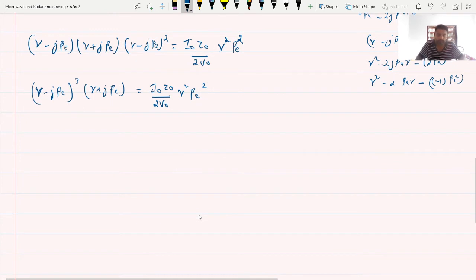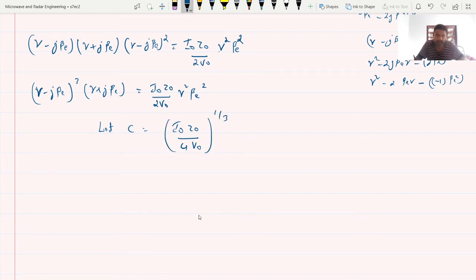So that I will call it as, let c equal to I naught z naught divided by 4 v naught whole raised to 1 by 3, okay, gamma square b. So this is nothing but the c, I can call it as gain parameter of travelling wave tube.